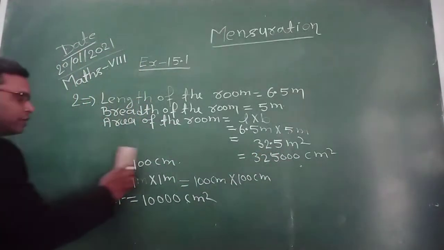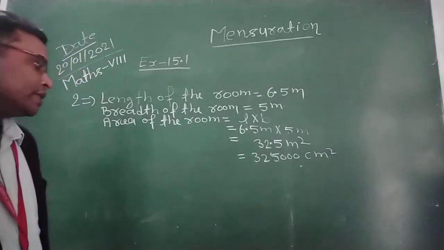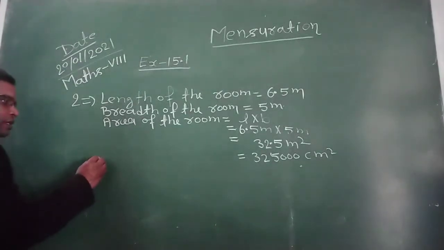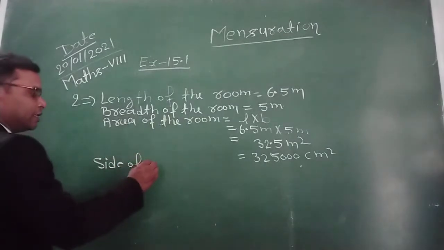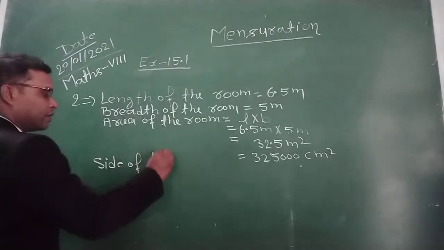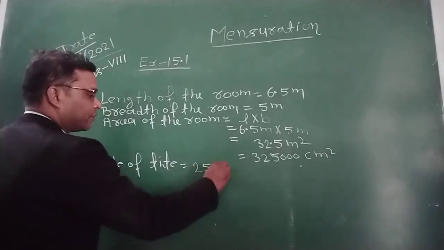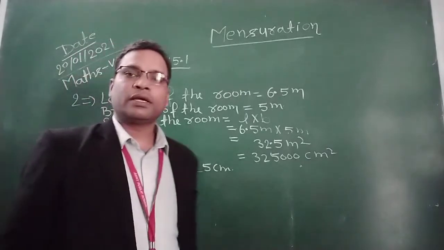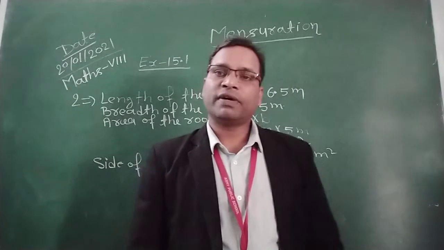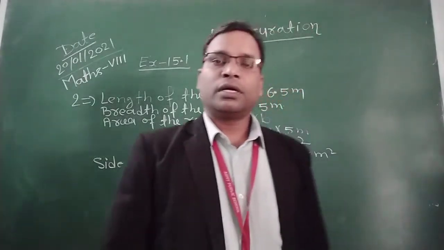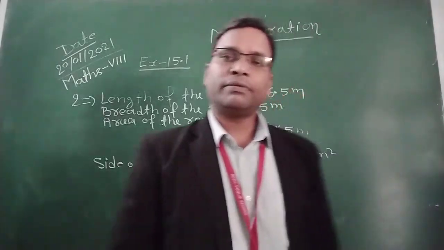So now we find the area of one tile, because the side of tile is given here: 25 centimeters.